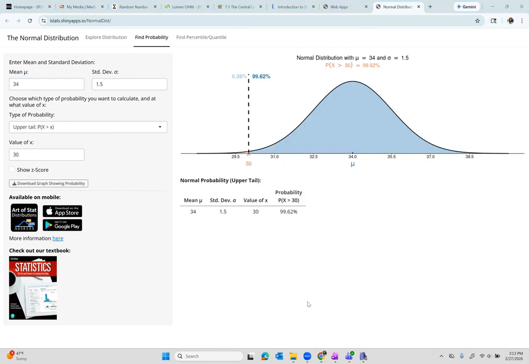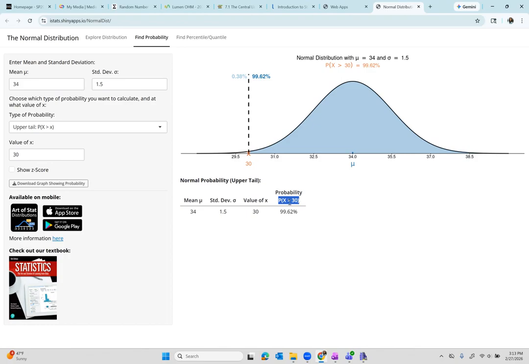So I put my standard deviation to be 1.5. I asked Art of Stat to get me the probability in the upper tail, and the value of the variable is 30, and it gave me an answer of probability of x bar being greater than 30.